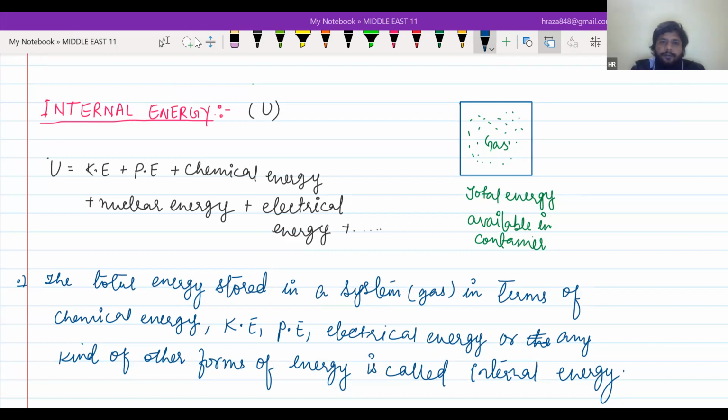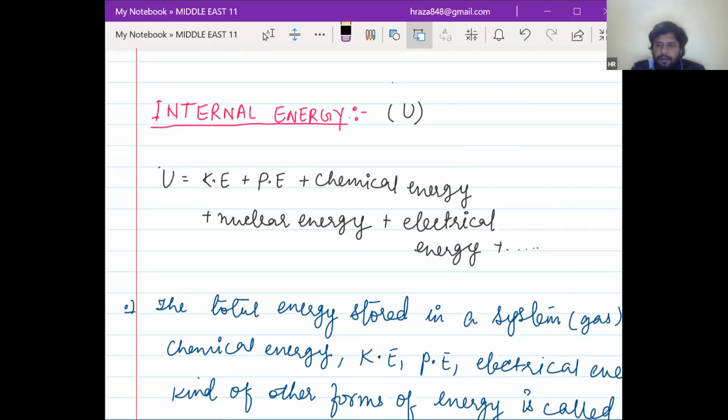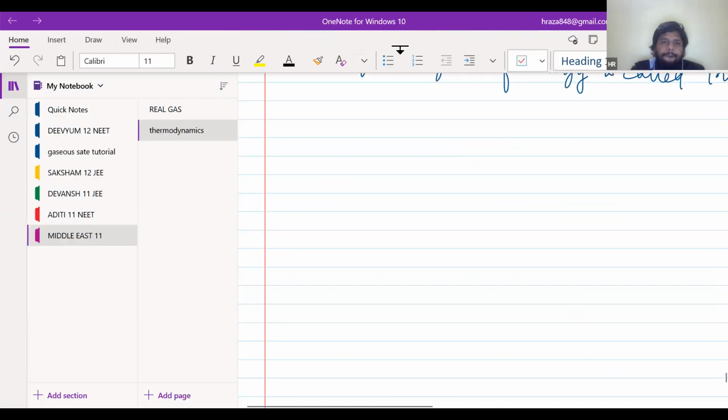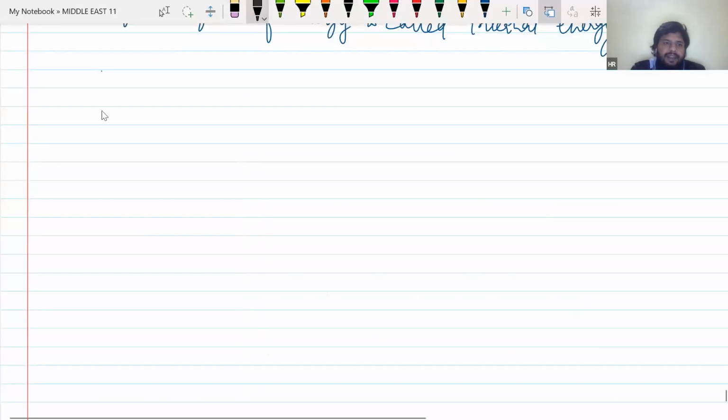Now see, if I'm asking you that, here is a container in which 10 moles of gas are present, and here the internal energy will be U1.